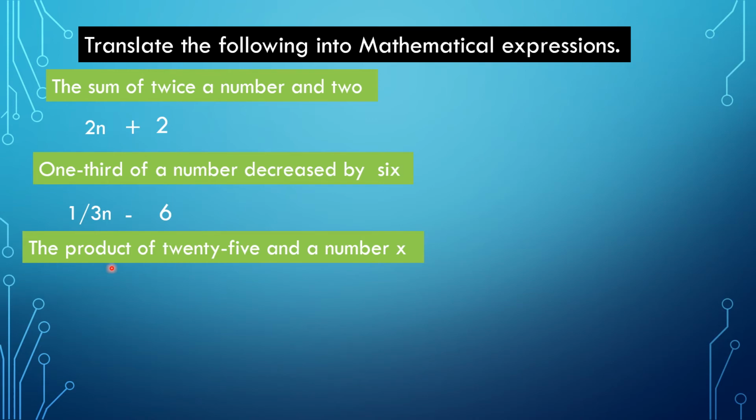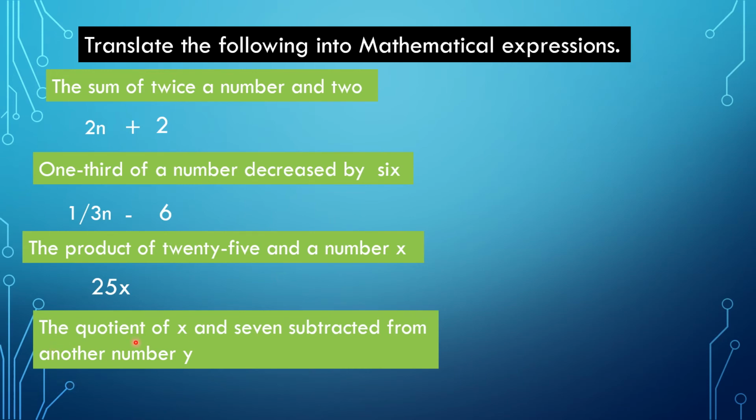Okay, the product of 25 and a number x. Here, it is specified what the number is, x. So when you say the product, it means multiplication of 25 and a number x. So that is 25x.